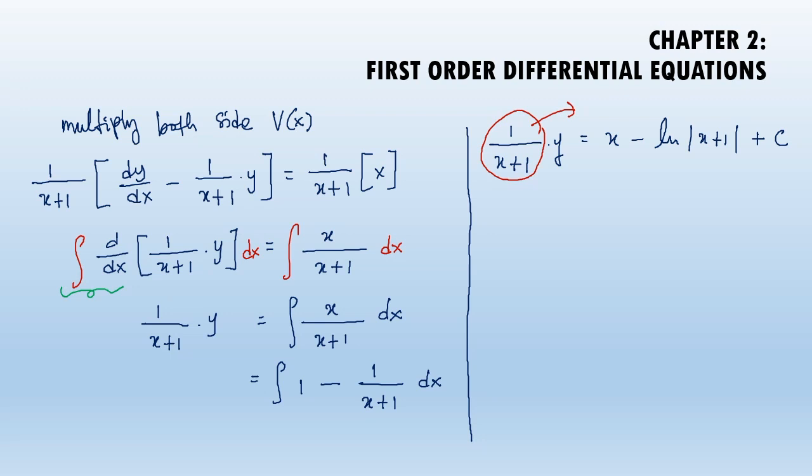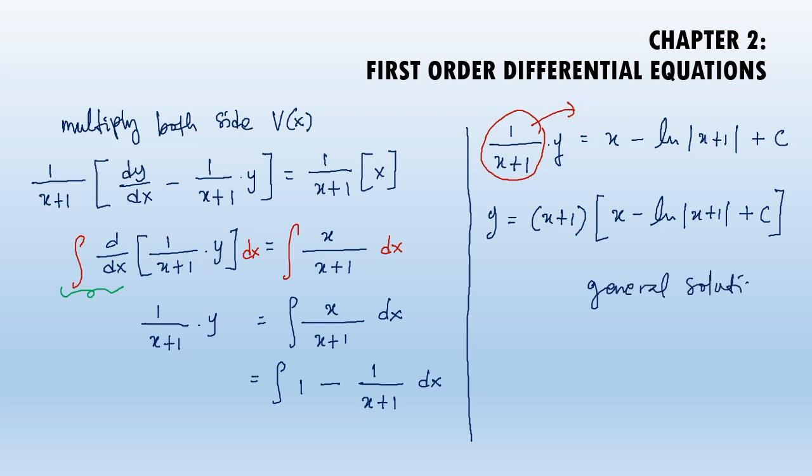So we are left with y equals x plus 1 times x minus ln x plus 1 plus c. So we have a general solution of the linear first order differential equation.